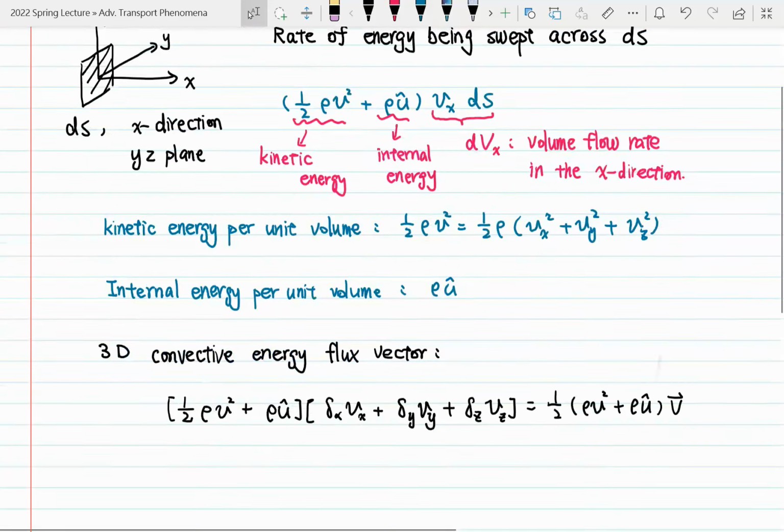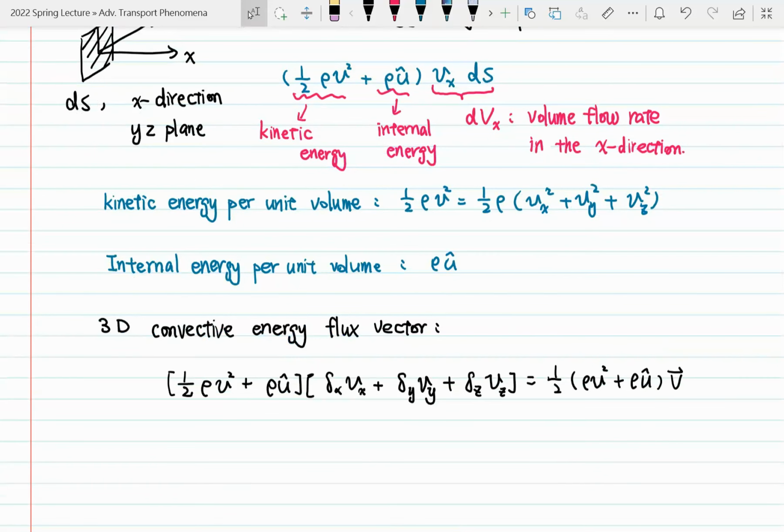So to go into a little more detail about the internal energy from a molecular point of view, let's take a look real quick.